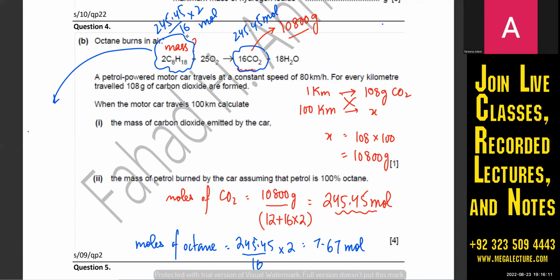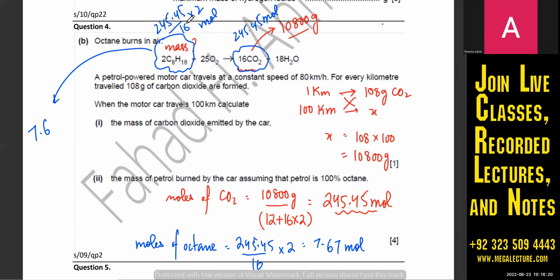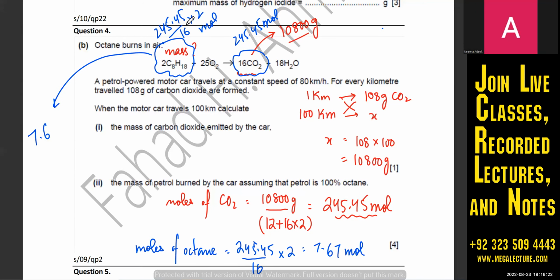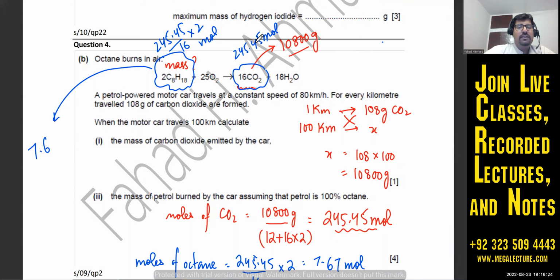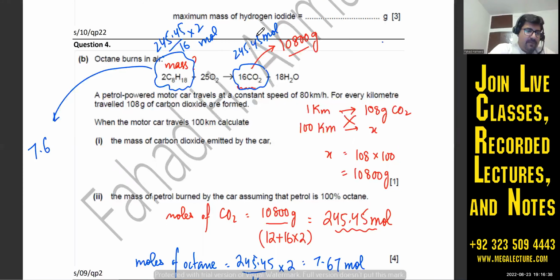Sir, is that 10 or 16? Yeah, being divided by 16. वो यूं था ना कि 245.45, मतलब moles of this divided by 16 times 2. 16:2 है ना? I'm getting a different answer. I'm getting 30.6. 245.45 divided by 16.